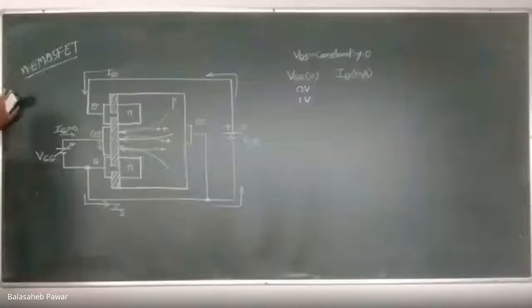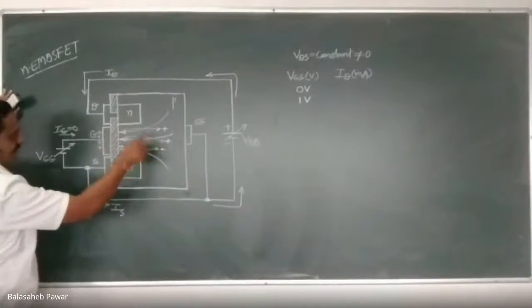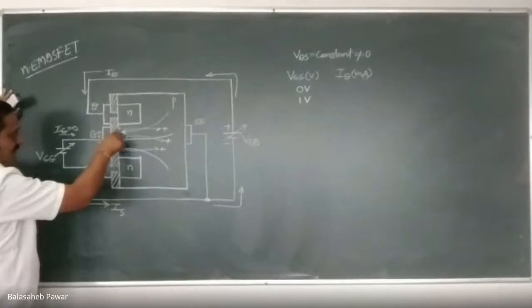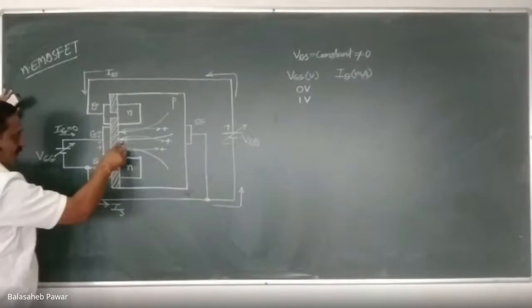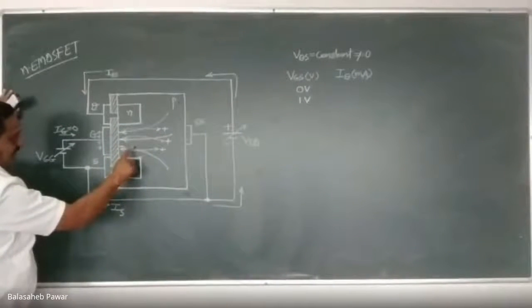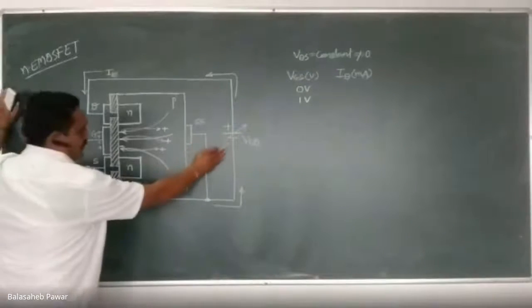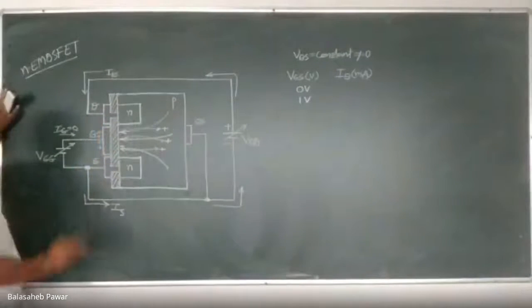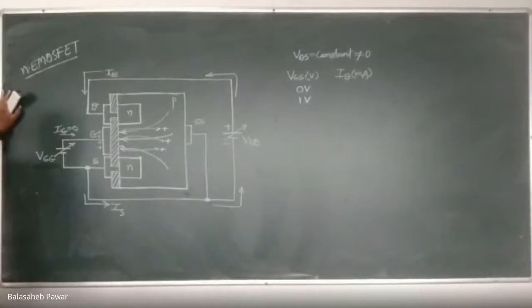Now see, due to the application of a small positive gate to source voltage, a few positive charge carriers will get repelled and replaced by attracted negative charge carriers. But still, there are some positive charge carriers remaining at the edge of that SiO2 between drain and source region. And that's why, whatever may be the value of this VDD, that means VDS, the current will still remain 0, right?